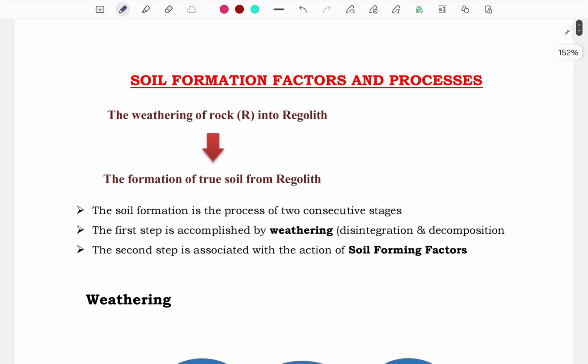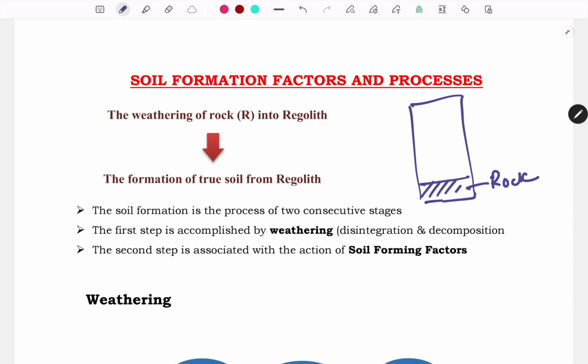The first thing is we already know that there will be a rock at the bottom and the soil will be formed eventually. So this is the soil.